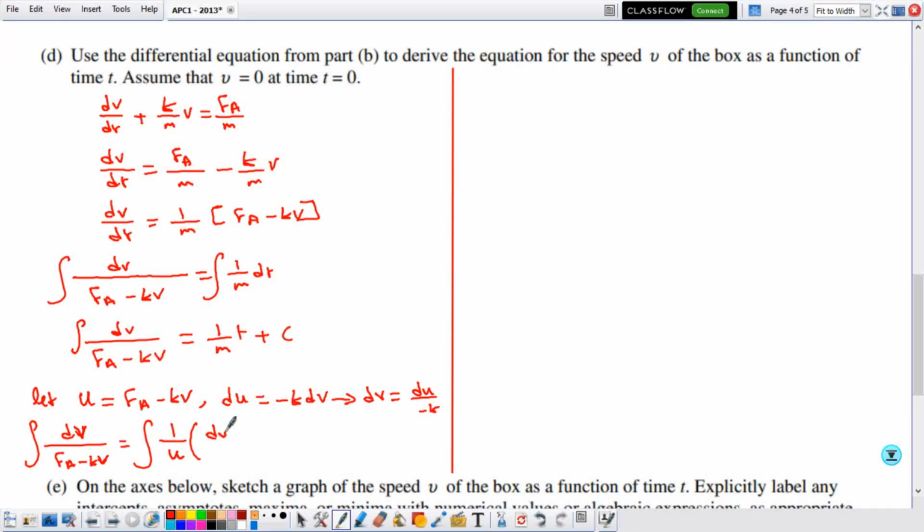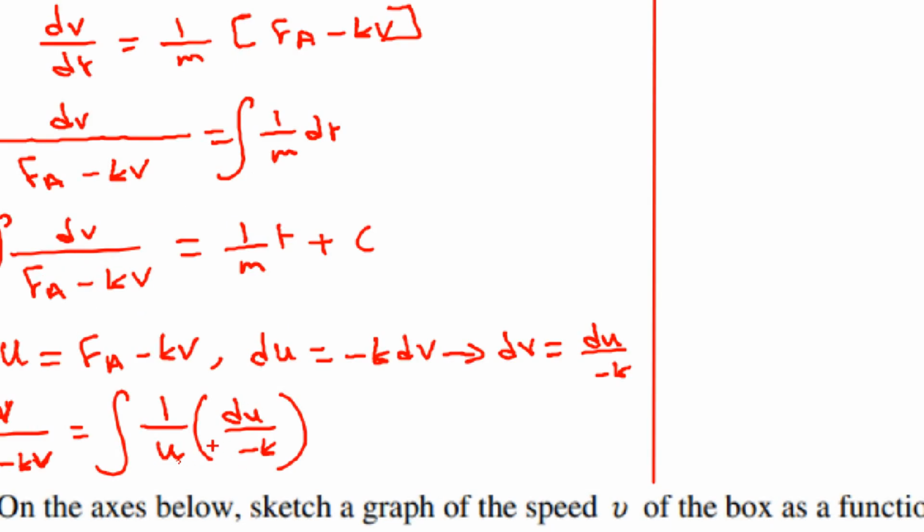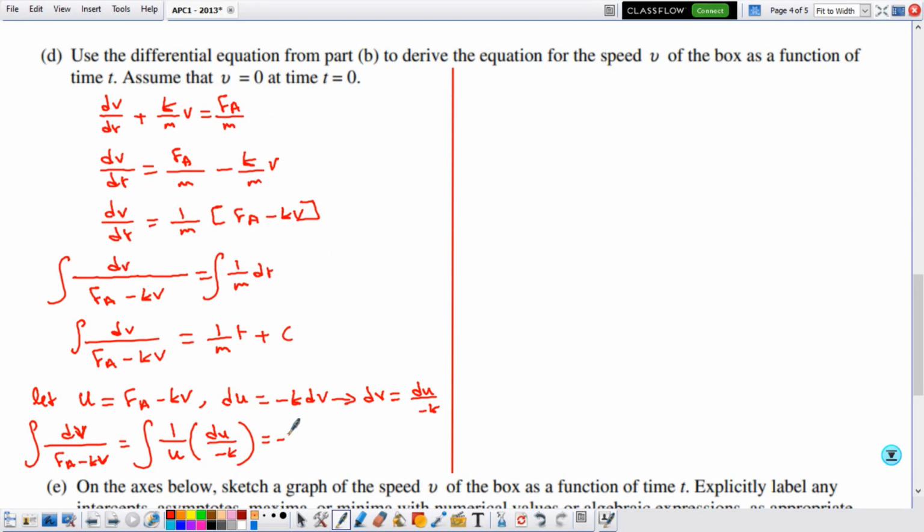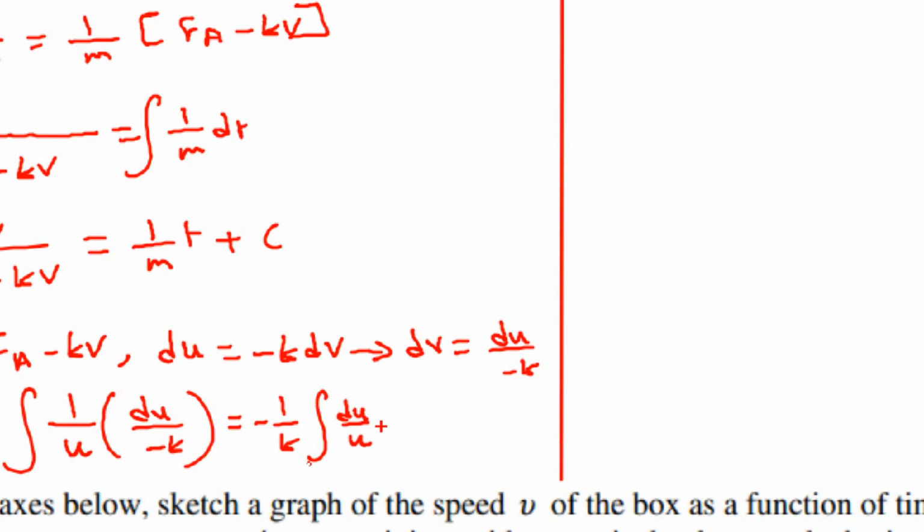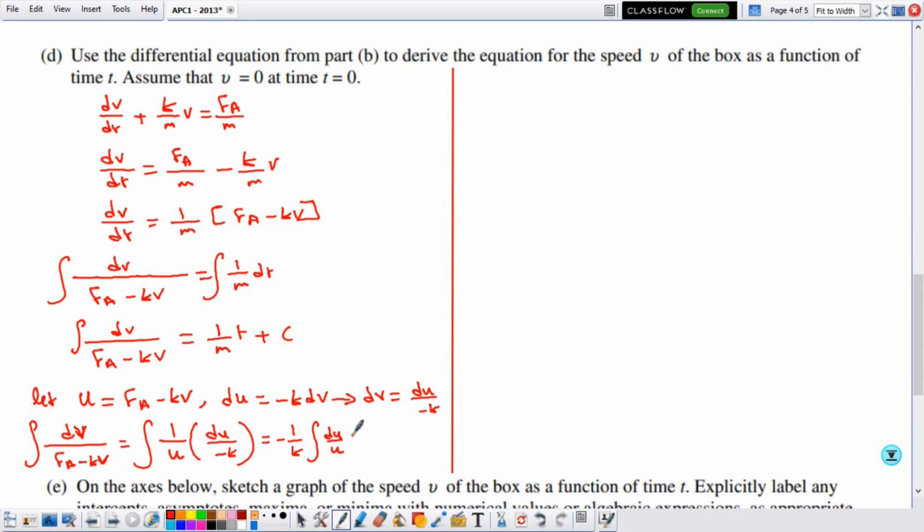Then du divided by minus k. Minus 1 over k is a constant, so it can be dragged out: minus 1 over k times the integral of du over u. And we know that the integral of du over u is ln u, so that would be minus 1 over k ln u.